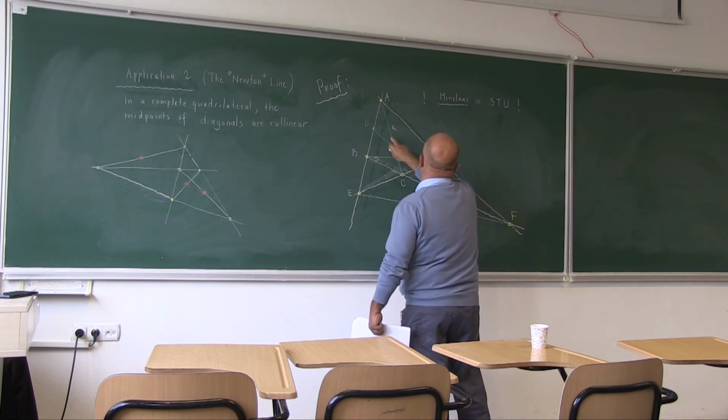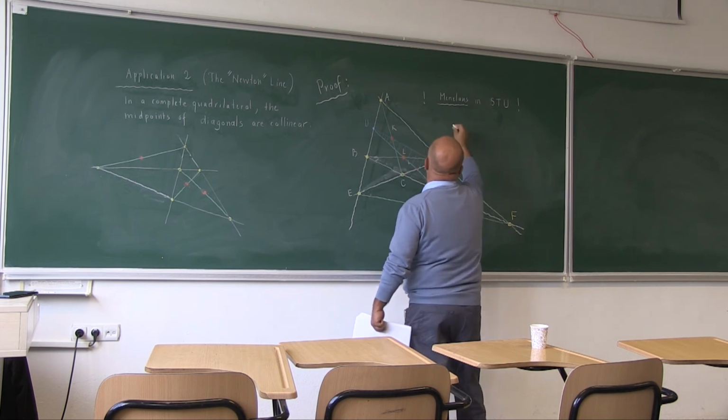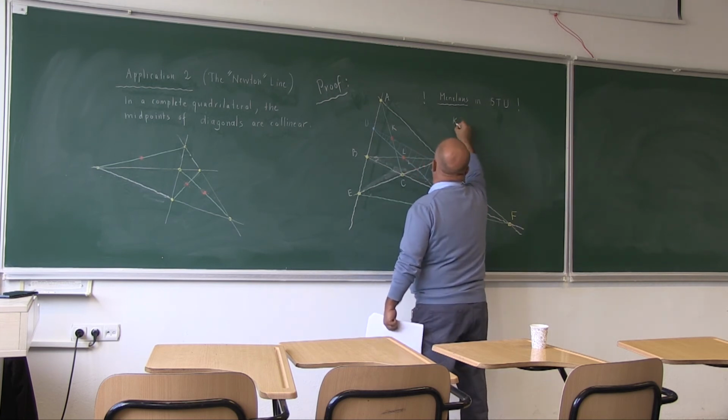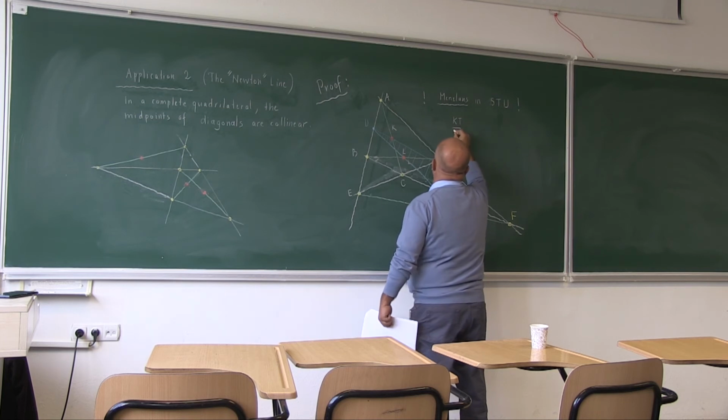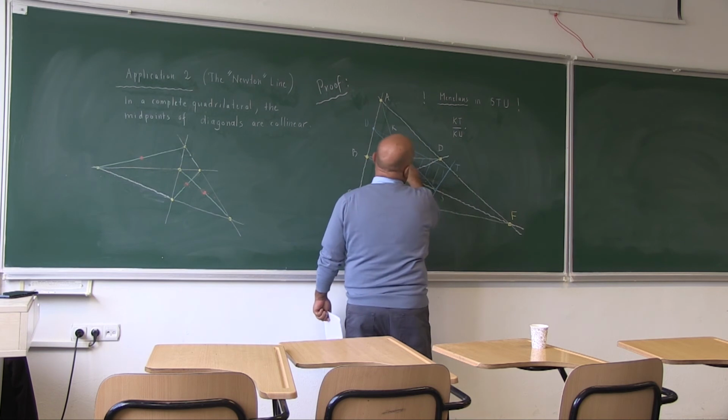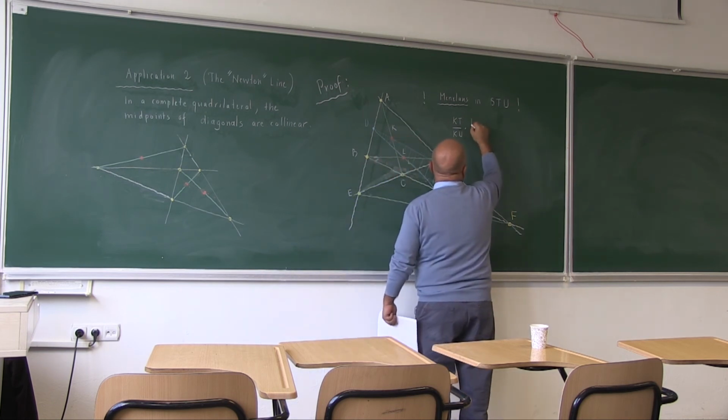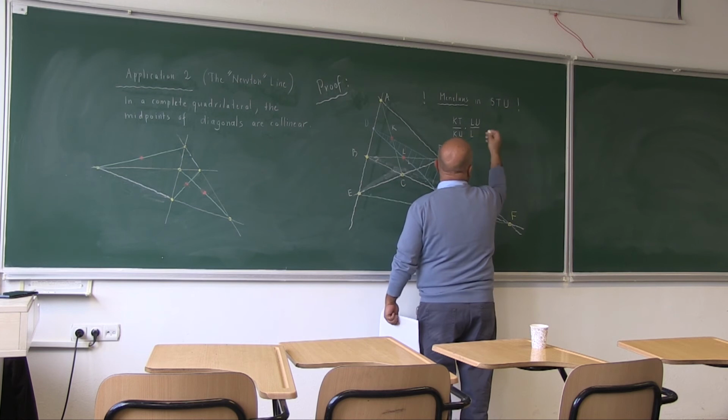So I have to work out STU, so KT to KU. I must work out KT to KU, and I must multiply it with LU. Now, do you notice the extraordinary advantages I have obtained by using the cyclic way of writing things down?